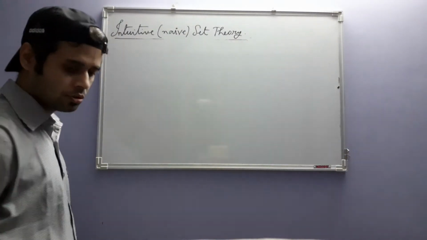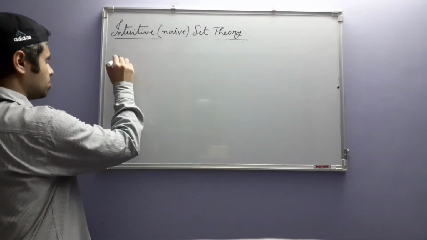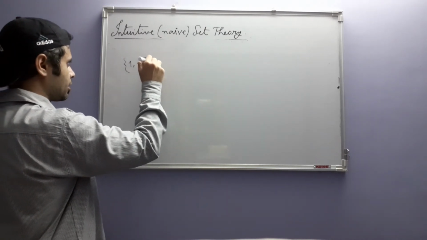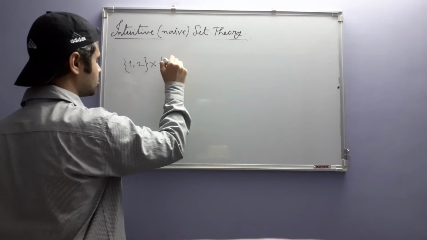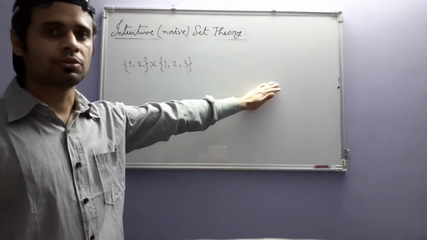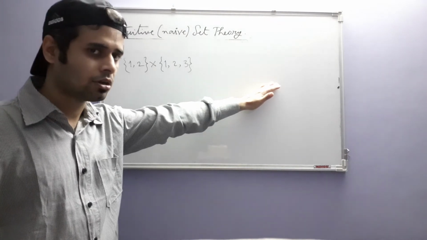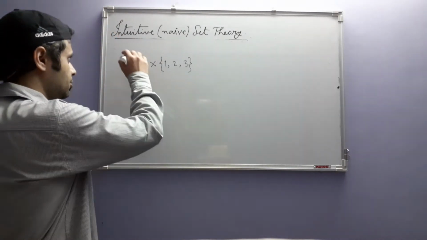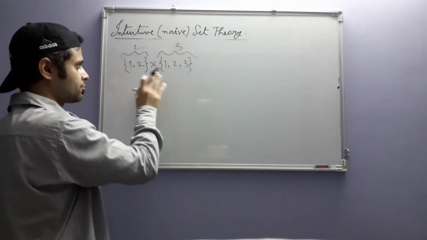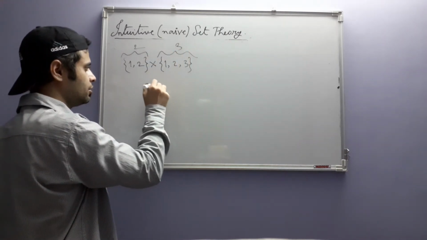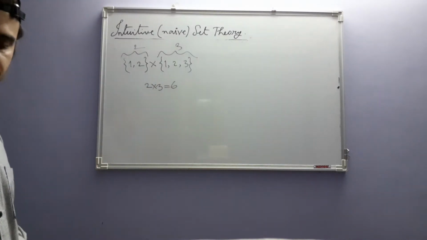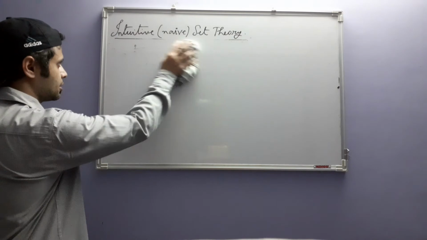So now we know that a Cartesian product like this has how many? We don't even have to write all the elements in the Cartesian product. We know this has 2 elements, this has 3 elements, so the Cartesian product will have 2 into 3 equal to 6 elements. So that is the first result.